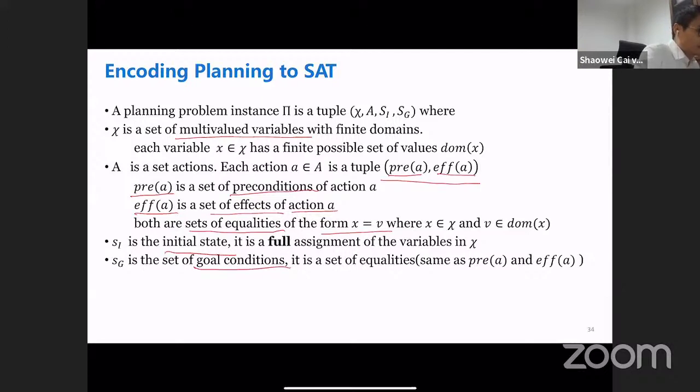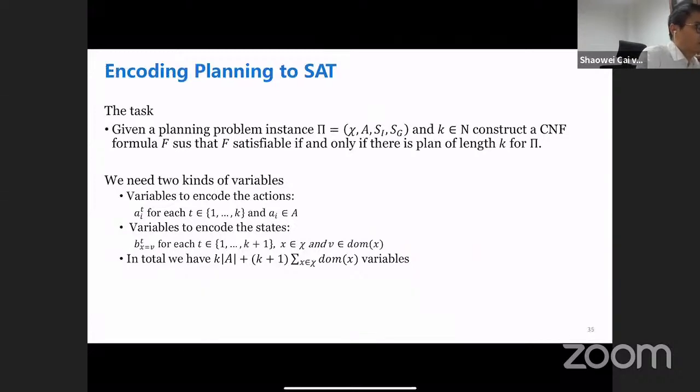The initial state says some value for some variable, for example, it's initially a box or a worker, and then the goal condition. Now our task is to construct a CNF formula F such that F is satisfiable if and only if there is a plan of length K.